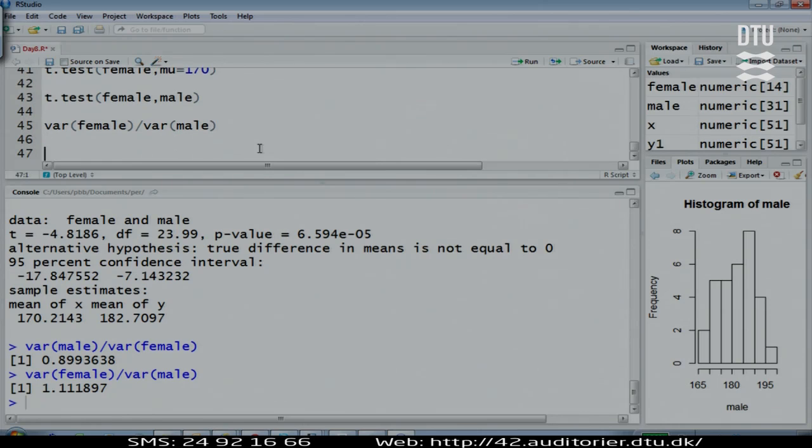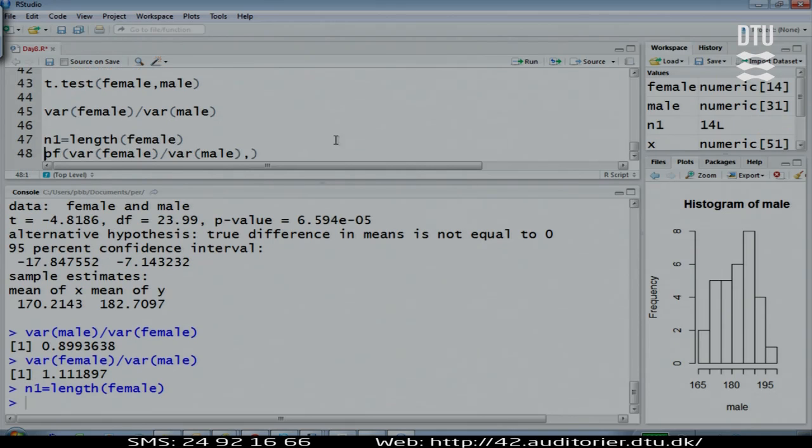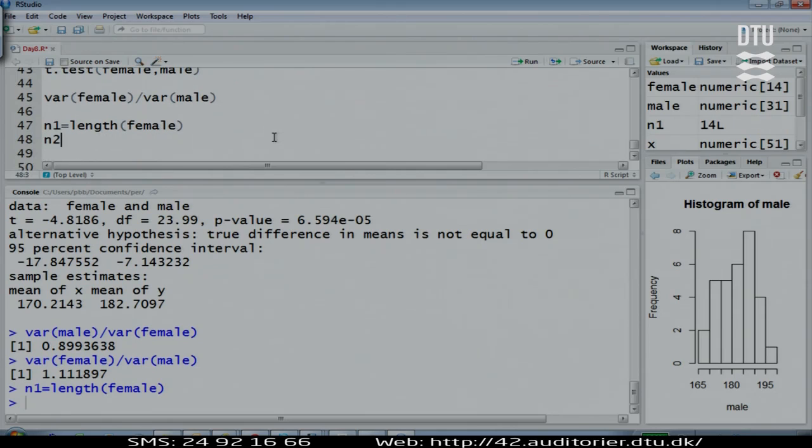Are we sure it's small? Well, we could find the p-value by taking this number and putting it into the PF. Then we have to know the number of observations: N1 is the length of female, N2 is the length of the males.